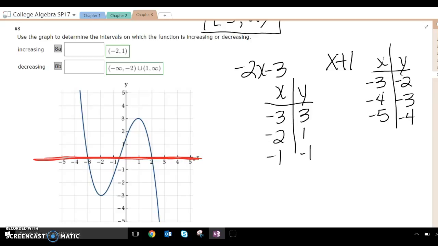If I start on the left side of my graph, this is decreasing, decreasing, decreasing, decreasing, and then I switch here, and now I'm increasing, increasing, increasing, and then decreasing again. Okay, so I have one section where I'm increasing and two sections where I'm decreasing.